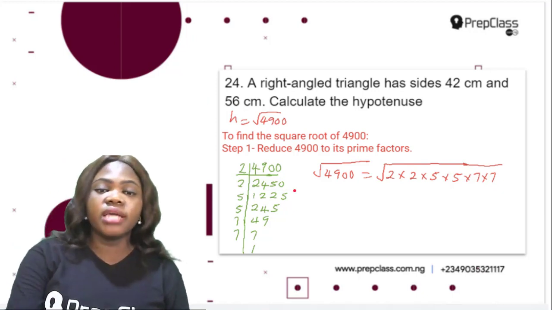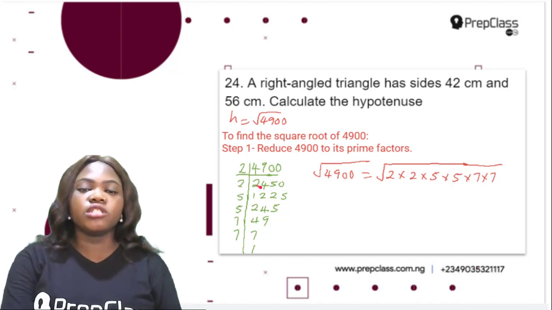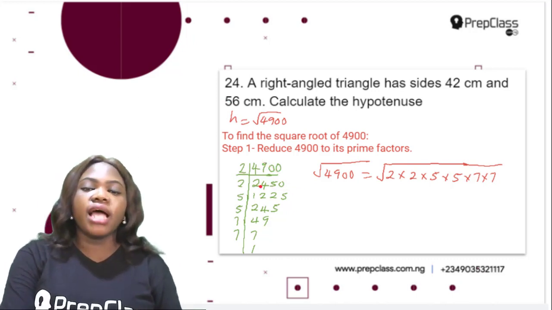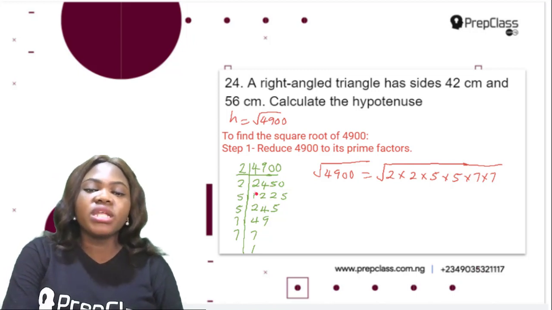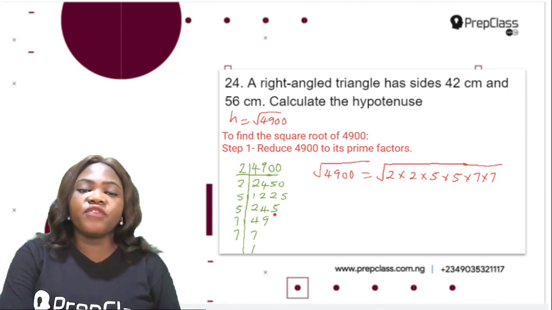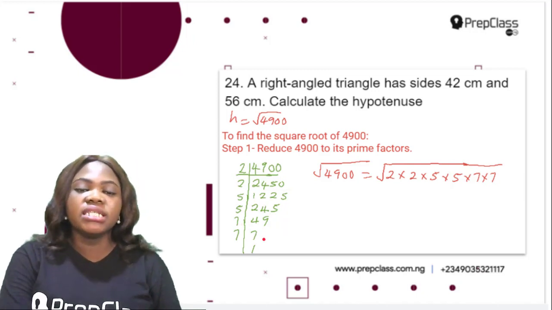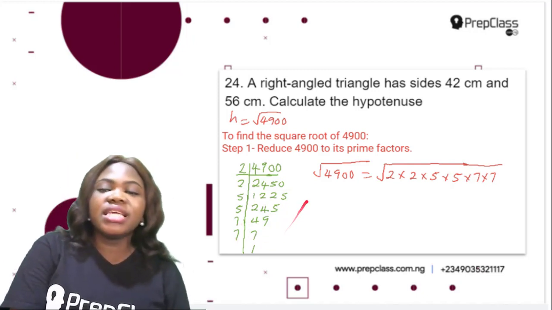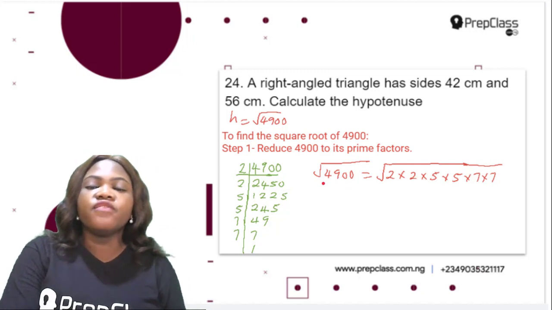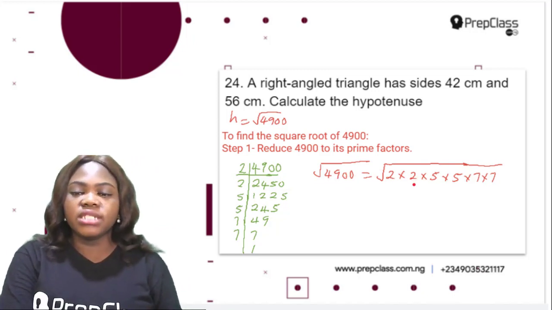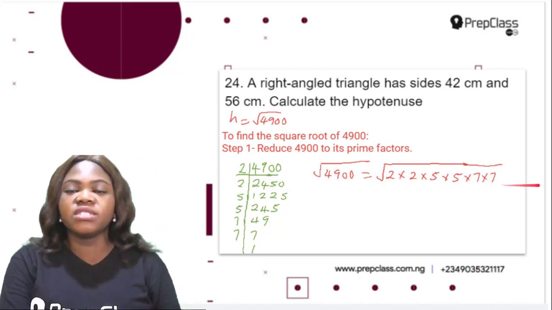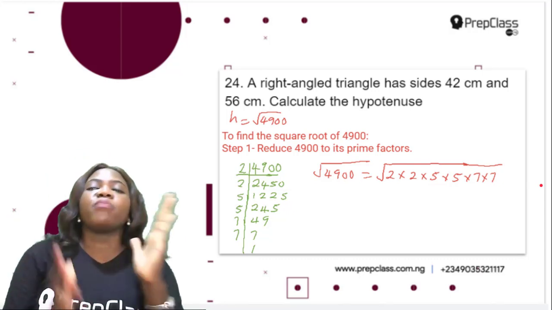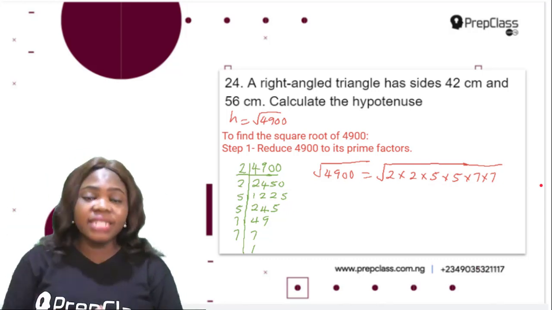So 4,900 divided by 2 is 2,450. 2,450 divided by 2 is 1,225. 1,225 divided by 5 is 245. 245 divided by 5 is 49. 49 divided by 7 is 7. 7 divided by 7 is 1. So these are the prime factors of 4,900: 2 times 2 times 5 times 5 times 7 times 7. Prime factors are the prime numbers that you multiply together to get a number.